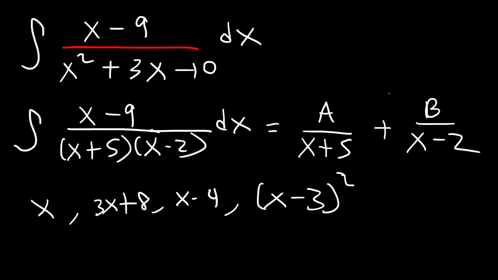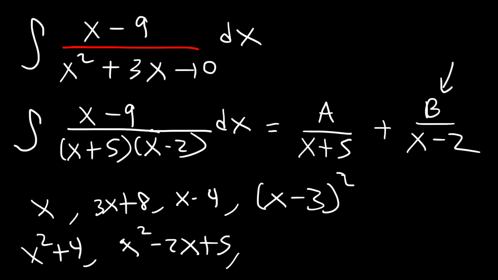So anytime you have a linear factor, you're only going to have one constant in the numerator. Now if you have a quadratic factor, like x squared plus 4 or x squared minus 2x plus 5, then in the numerator, instead of a single constant, you're going to have something like bx plus c or dx plus e when you're dealing with quadratic factors.